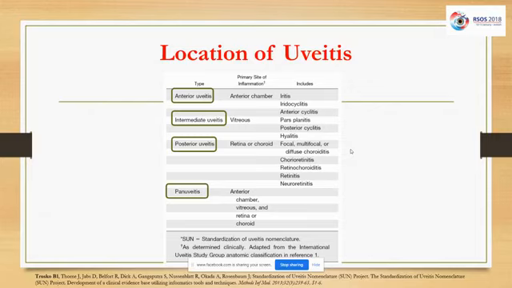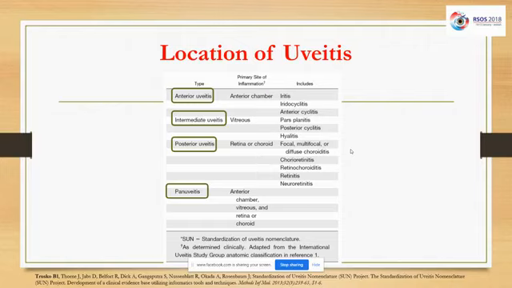We are trying to standardize the nomenclature of uveitis for all our patients, to standardize the description of uveitis if you are referring a patient. So it's very important to mention the correct item for the location in your diagnosis.